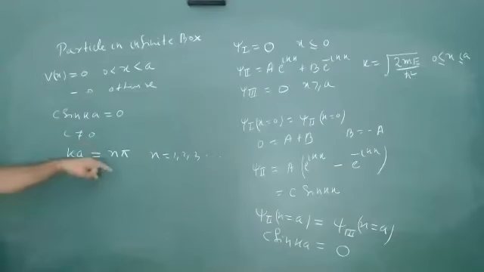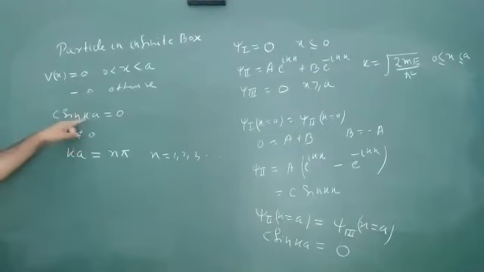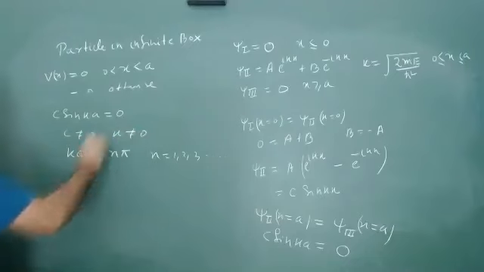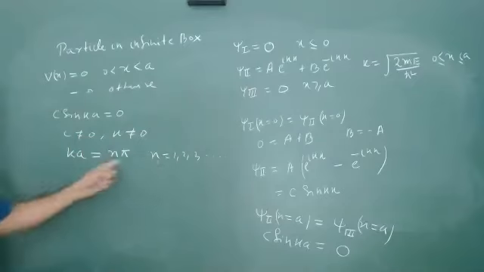Because if I take n equal to 0, then k must also be 0, and when k is 0, the whole function is 0. So c is not equal to 0, and k also must not be equal to 0. And that will give you this particular thing.